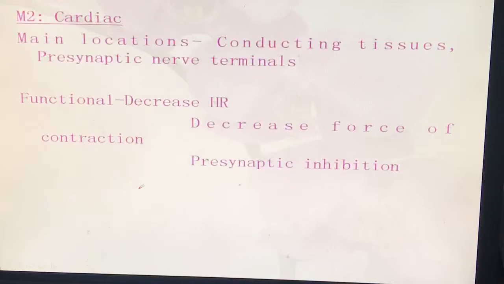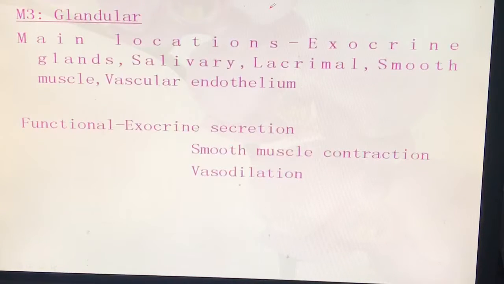The location distribution is done. M2, already explained, is present on the heart, on the AV node as well as the SA node, and decreases the heart rate. The M3 receptor is present on smooth muscle as well as glands, salivary gland, lacrimal gland, and controls smooth muscle contraction, but on the vessel it causes vasodilation.